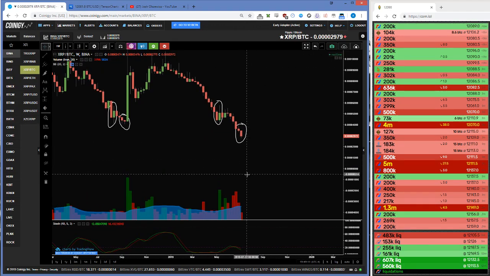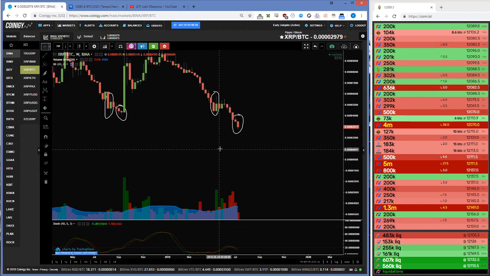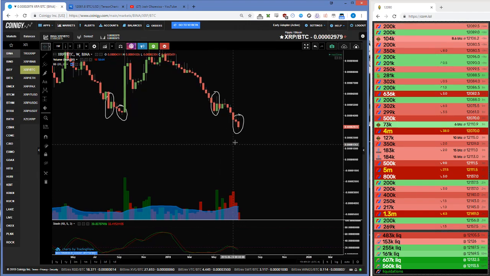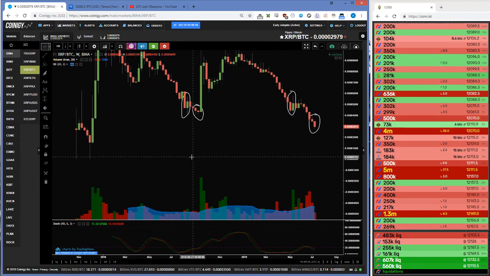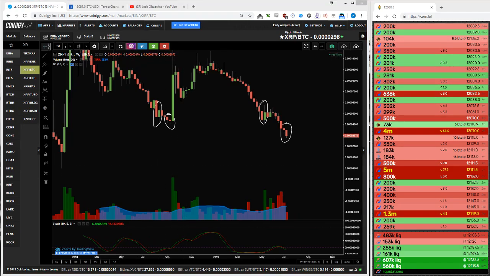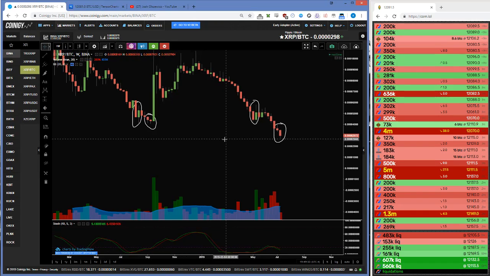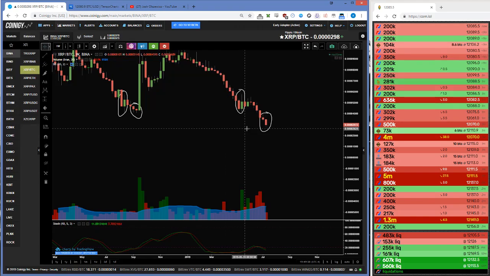But the thing with alts is, I don't know if it's worth it to be trying to buy this. You can try, but I think you have to be ready to average down a lot. I just don't think it's worth the risk.